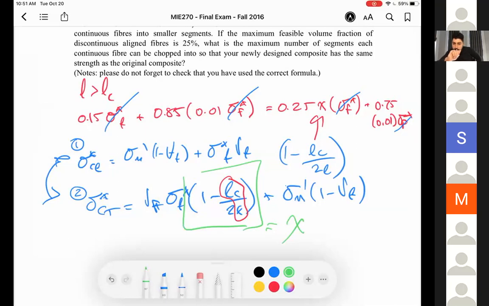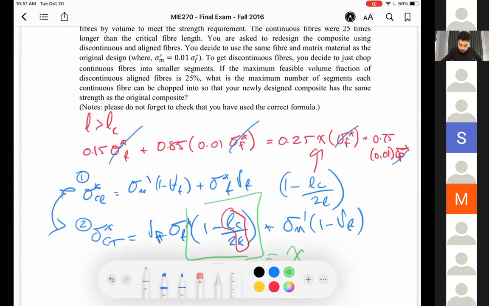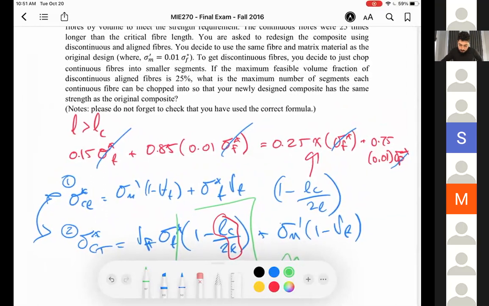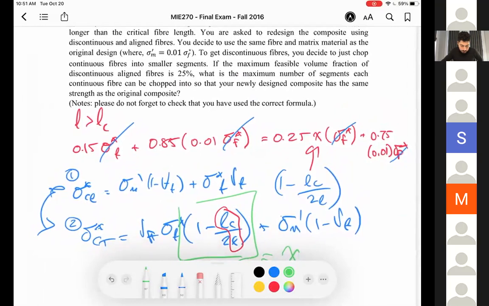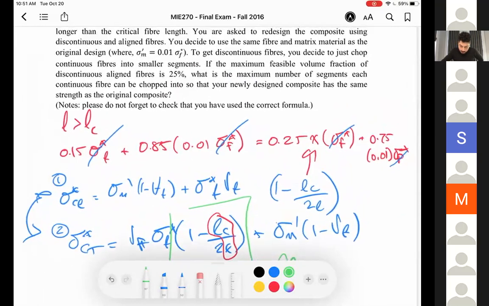Can you re-explain how we knew that the new fibers will be greater than LC? That was, I believe, given. Let me see.